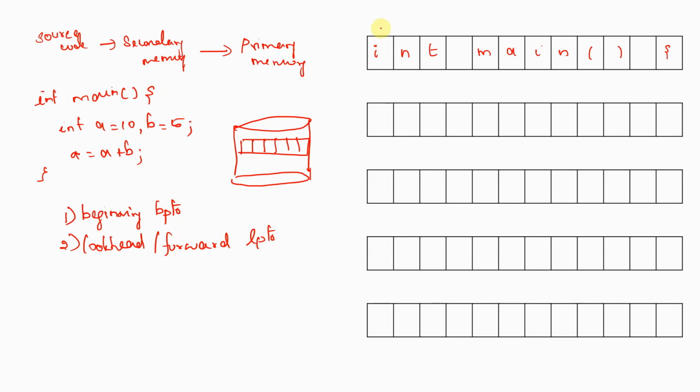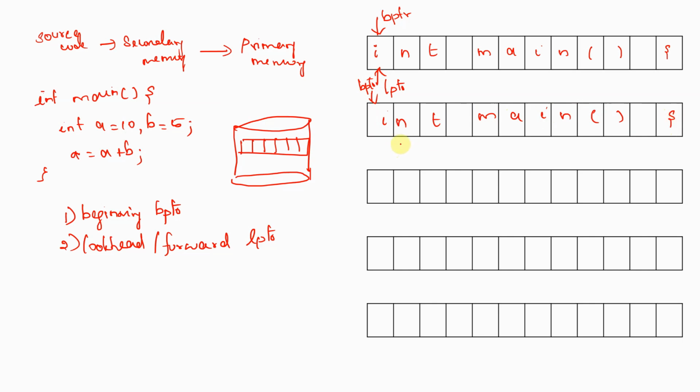When we read characters from the block of memory, the characters get read one by one. In the beginning of the block, we have both the beginning pointer and the lookahead pointer. The beginning pointer always stays at the beginning of the block, and the lookahead pointer moves in the forward direction.